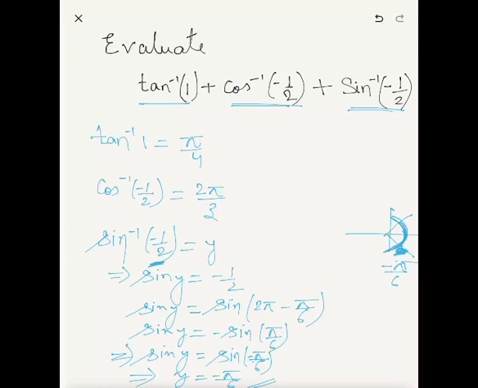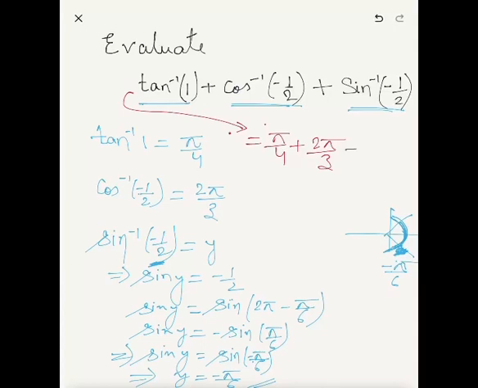Okay, now let us solve it. Tan inverse 1, what you got? Tan inverse 1 is equal to, after this write it down, pi by 4, isn't it? Tan inverse 1 you got pi by 4 plus 2 pi by 3.